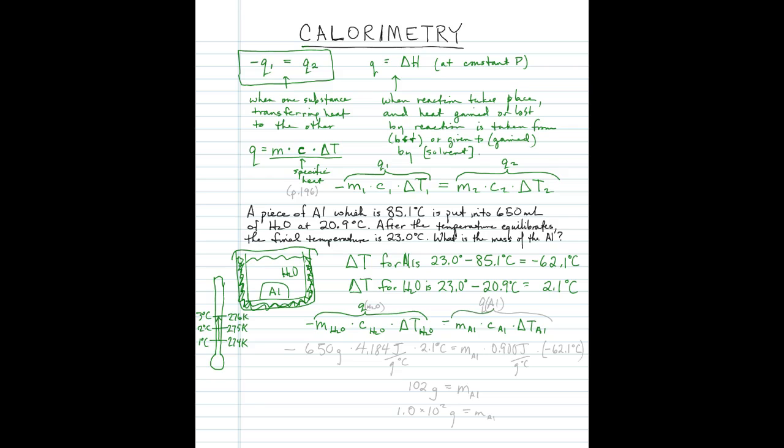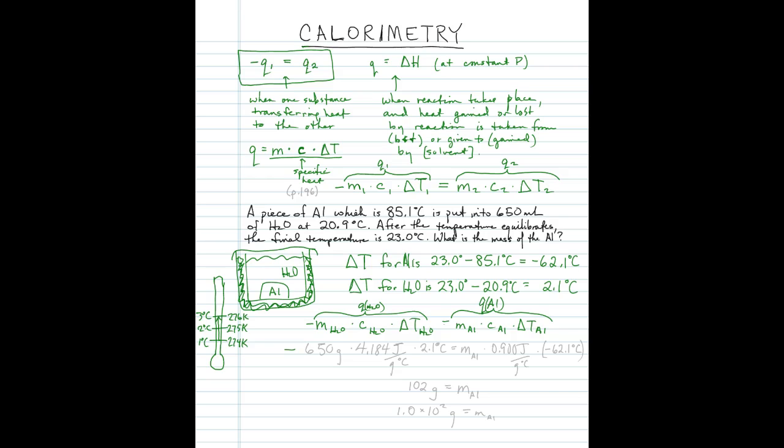Specific heat you get off of the table on page 196 in your textbook, where we explained what specific heat is. There's a little table that tells specific heats. Notice that if you're in a different state, in other words solid, liquid, or gas, you have a different specific heat. So every substance has 3 specific heats, one for when it's a solid, one for when it's a liquid, one for when it's a gas.